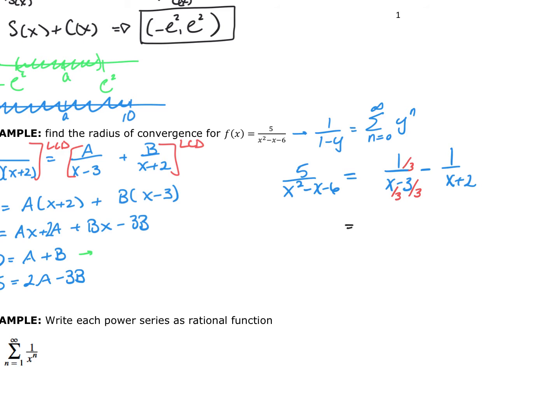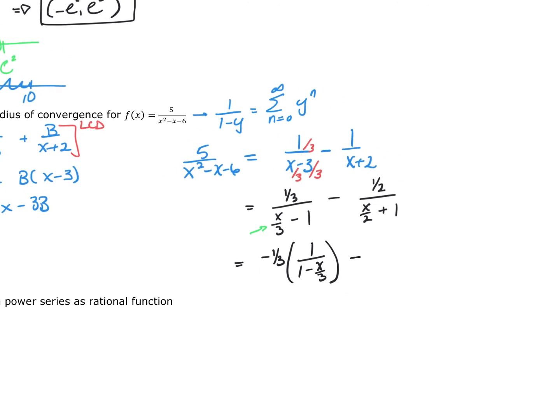So then this becomes 1/3 over x divided by 3 minus 1. It's getting closer. Do the same thing for the other one, so I have 1/2 over x divided by 2 plus 1. If I factor a negative out of the denominator there, this will become negative 1/3 times 1 over 1 minus x divided by 3.